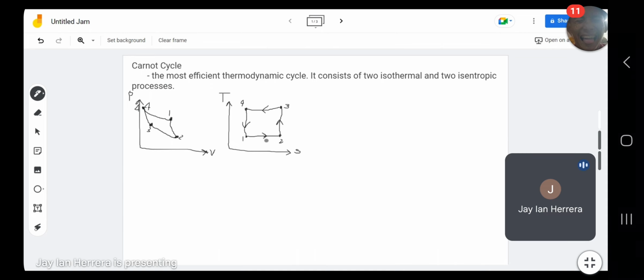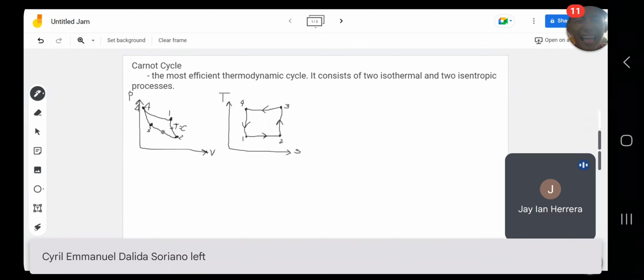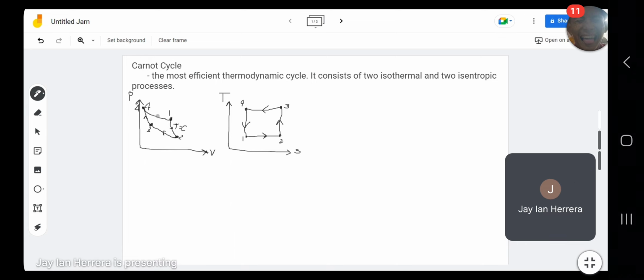So i-base lang natin siya sa ating TS diagram. So from point 1 to 2, that is temperature constant or isothermal. Since pa-right yung volume natin, that is isothermal expansion. And lagay ko yung arrowheads para hindi malito. Then from point 2 to 3, gaya dito sa TS natin, that is isentropic.